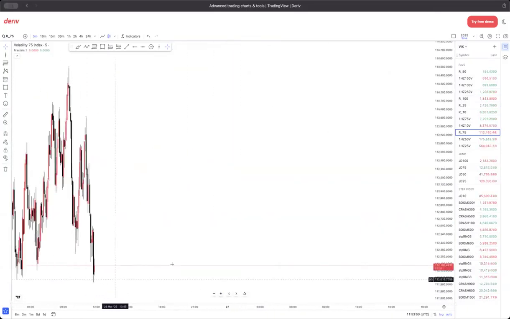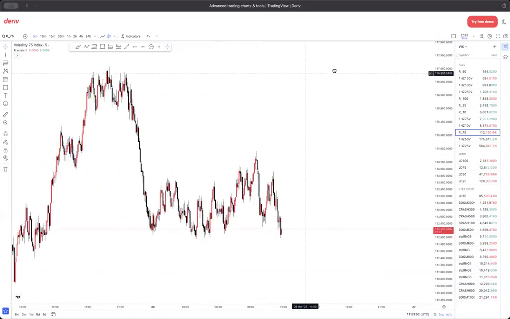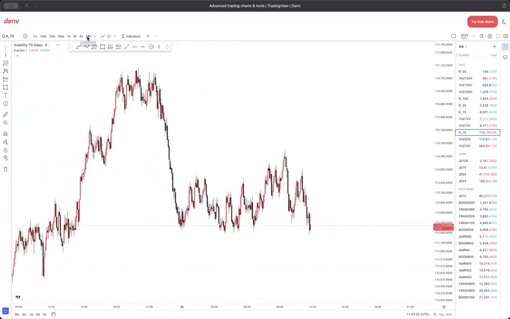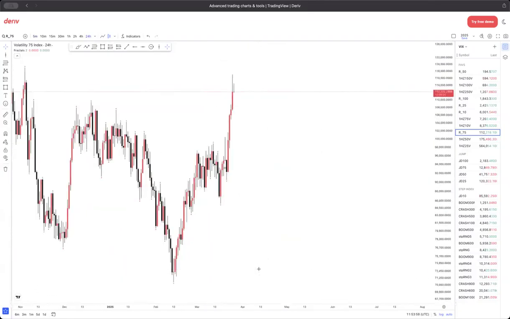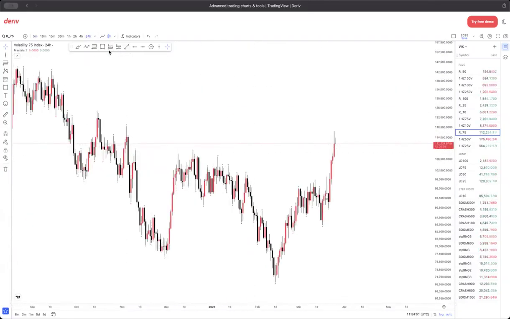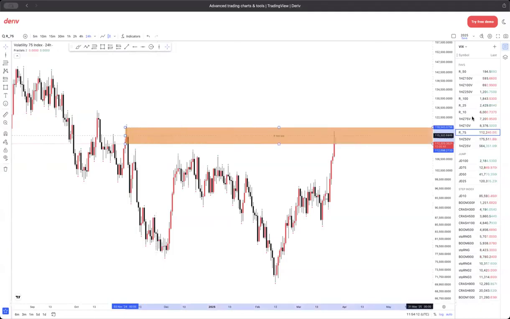Now, V75 top-down analysis, the same thing again. Let's see what V75 is doing. I said you want to know where price is coming from and where price is heading to. Now, if we check V75, we have this POI here. No, not there. We have this POI here. Perfect POI. Sweep of liquidity, structural liquidity, everything intact.